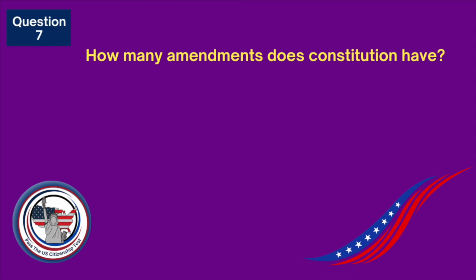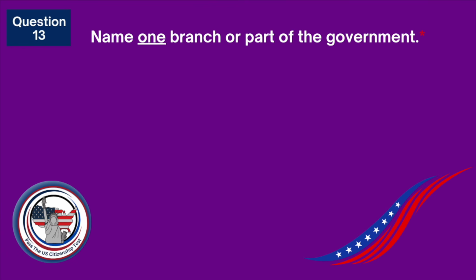How many amendments does the Constitution have? 27. Name one branch or part of the government.